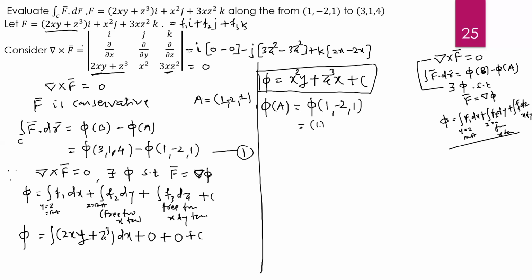That is 1 square into -2 plus 1 cube into 1 plus c. So here this is -2, this is plus 1, we get -1 plus c.